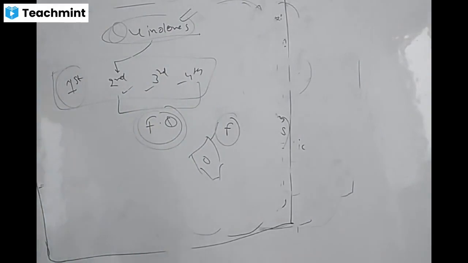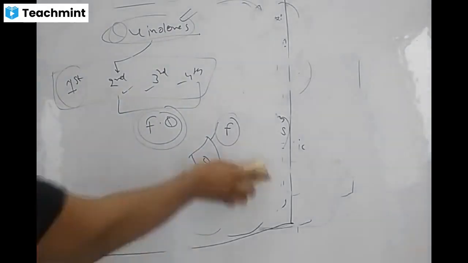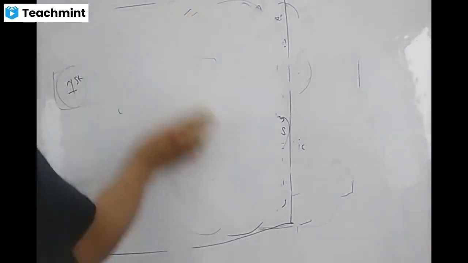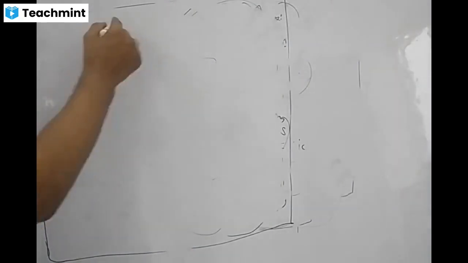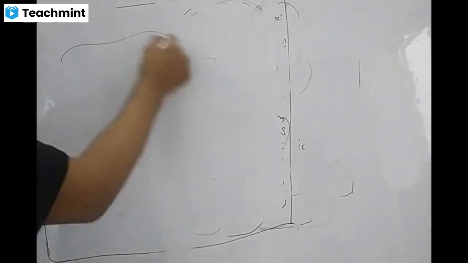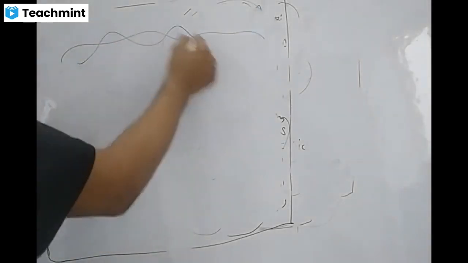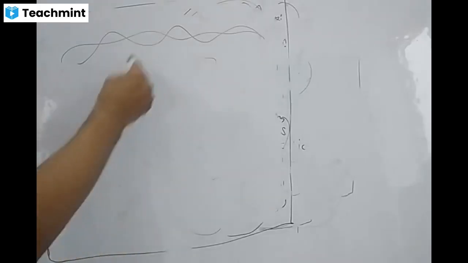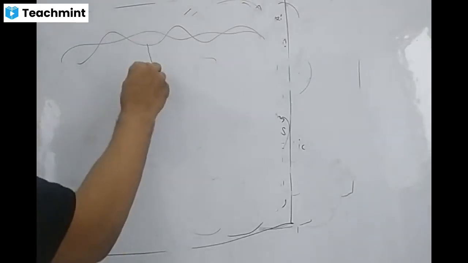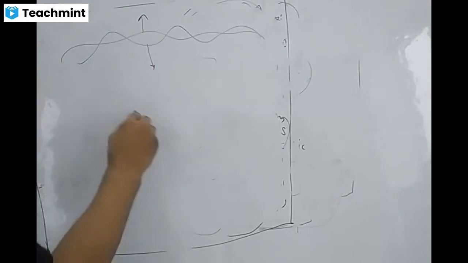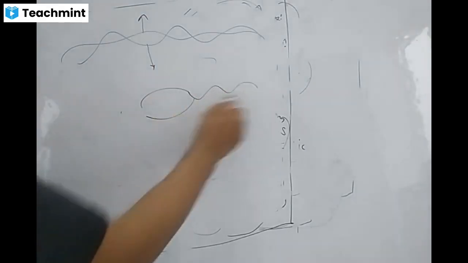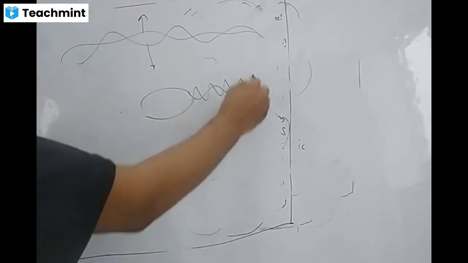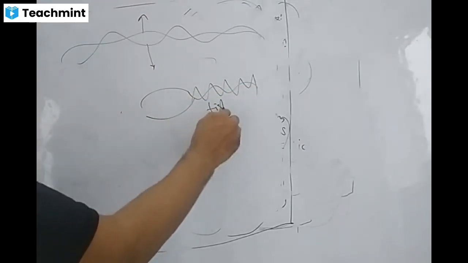The first MCQ is. Second is their mechanism of action. Normally, this is the DNA. When the DNA starts replicating, from the replication fork, if you move this side, the DNA becomes tight.